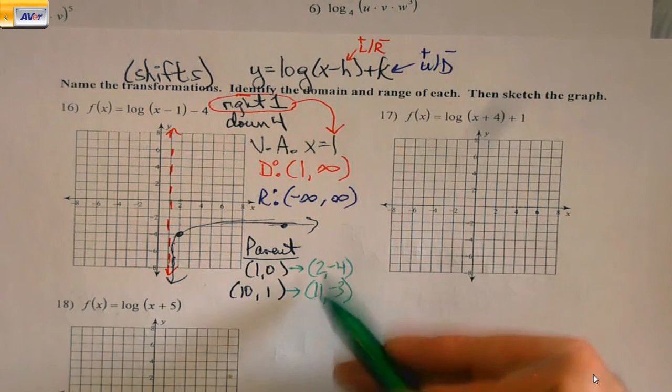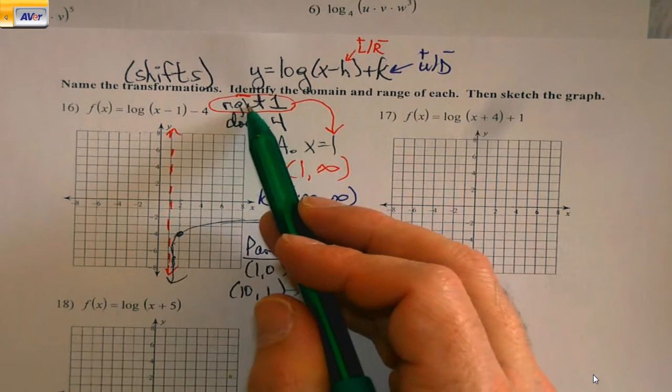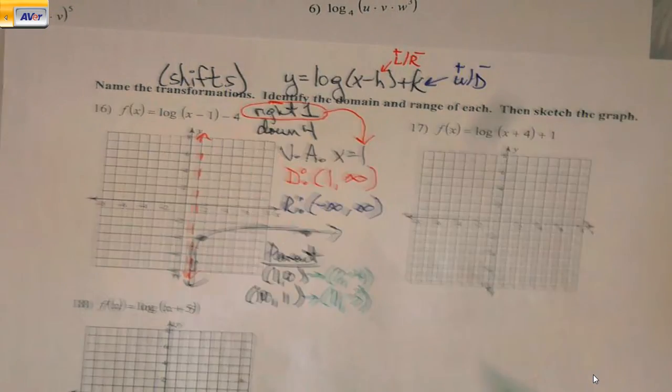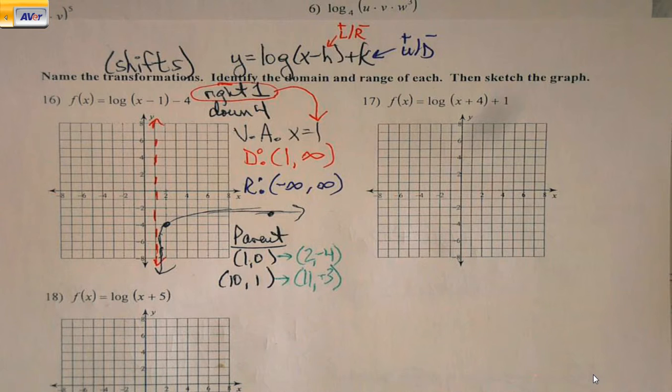Okay, I can figure out just by using the shifts, right and left moves my x, up and down moves my y, to get those 2 points where I don't even need the calculator. But most of the time we have enough time in here, you can just use the calculator. It's just an option for you though. So that's what that looks like.